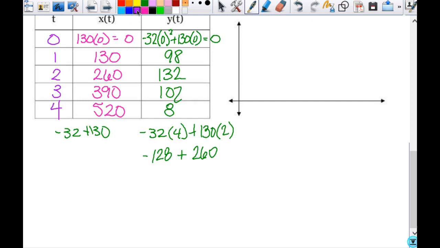So we need to graph this. My x-axis here is still the x-axis. My x values go from 0 to 520. So I would say maybe this can be 500 here. We go with that, 500, and then mark it off a little bit. I'm not a huge fan of a bunch of hash marks, but 500, and then that can be 1, 2, 3, 4.